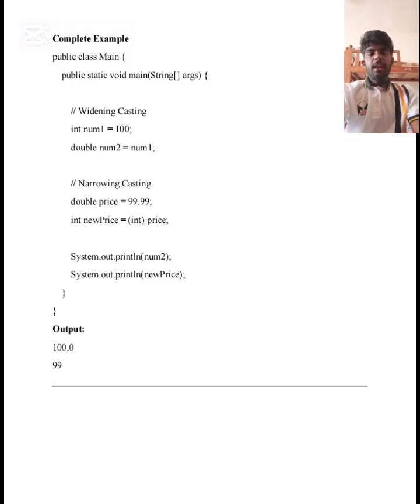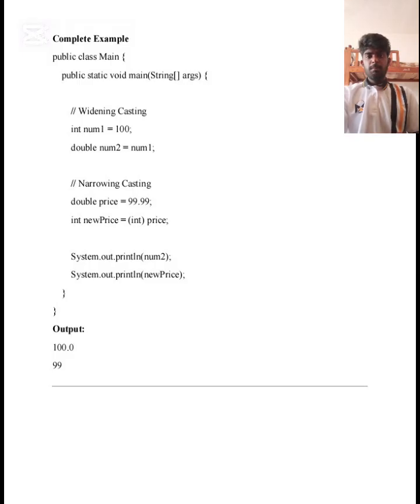Next, we create a double variable called price with the value 99.99. Then we manually convert it into an integer because this is narrowing casting.